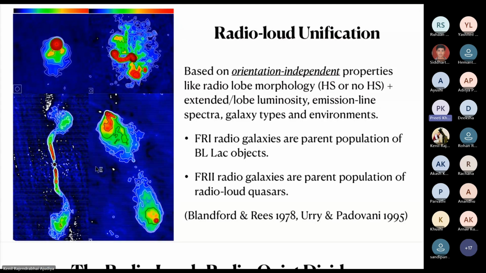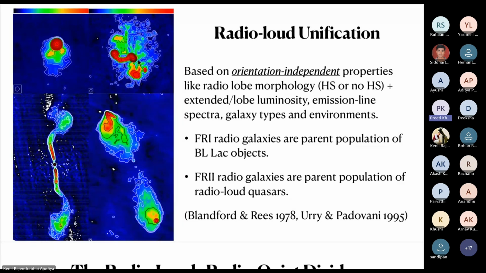After this whole research area took off, many more types of radio galaxies or radio sources were found. They were all AGN. On the top panel, you see radio images of two other types of AGN: on the left is a BL Lac object, and on the right is a radio loud quasar.